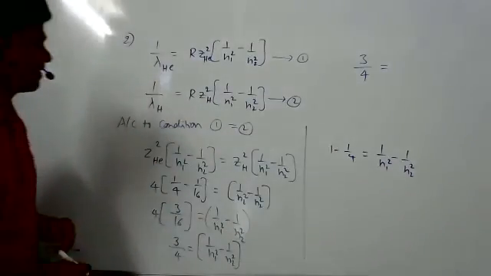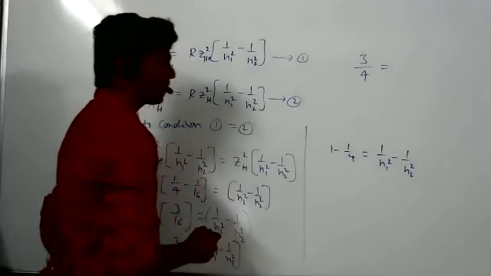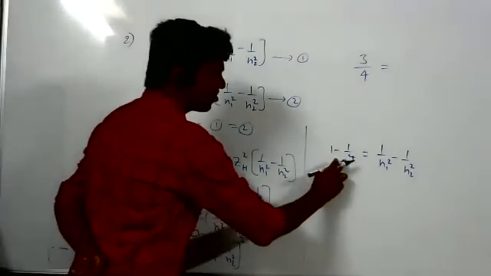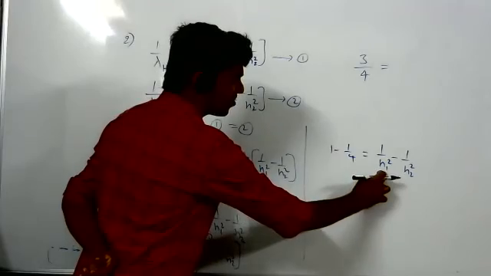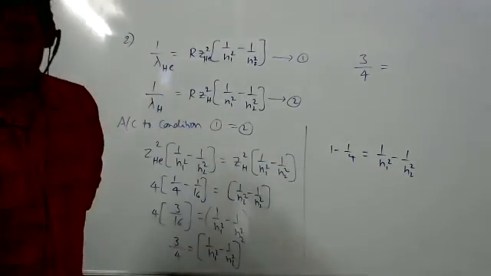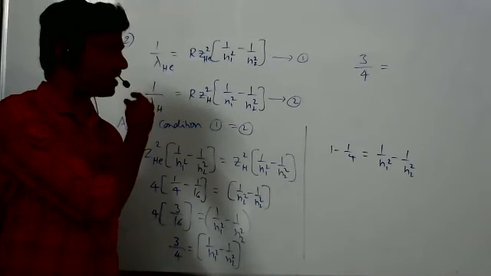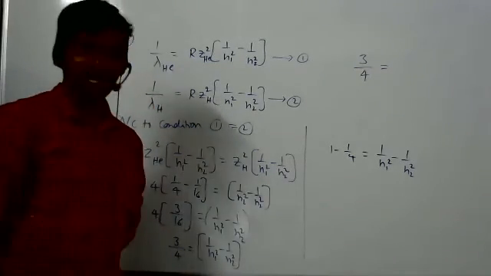Yes, sir. So this LHS is in the form of 1 by N1 square minus 1 by N2 square. So 1 by N1 square is equal to 1, and 1 by N2 square is 1 by 4. Is it possible to equate like that in mathematics? Sir, instead we can compare, no, sir. That's what we can go through trial and error method, no doubt.